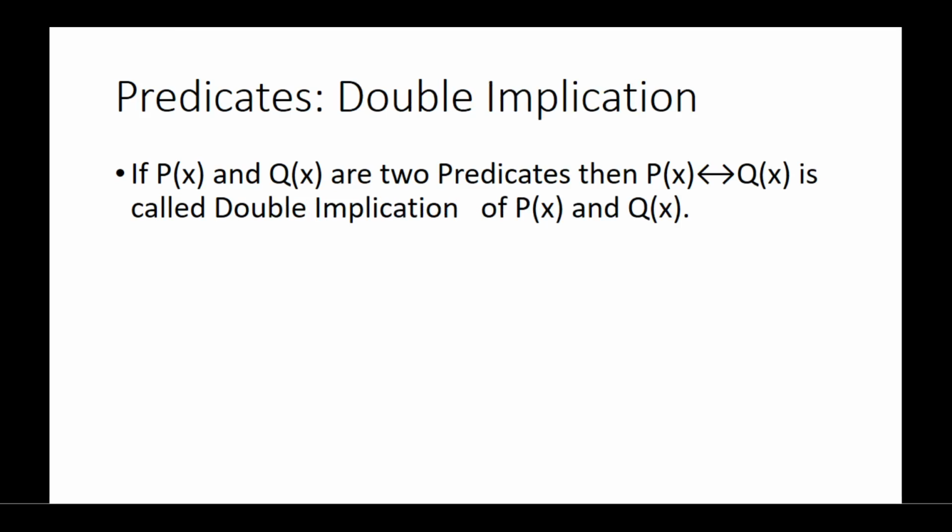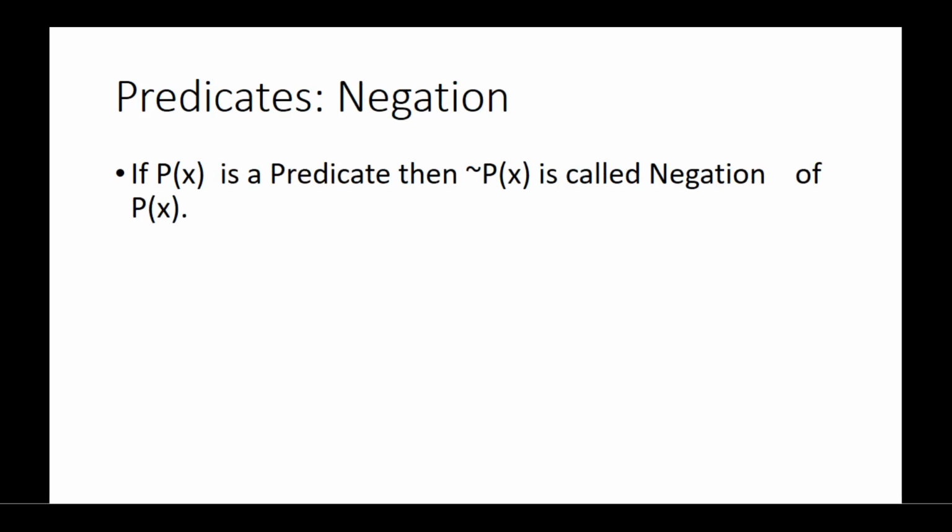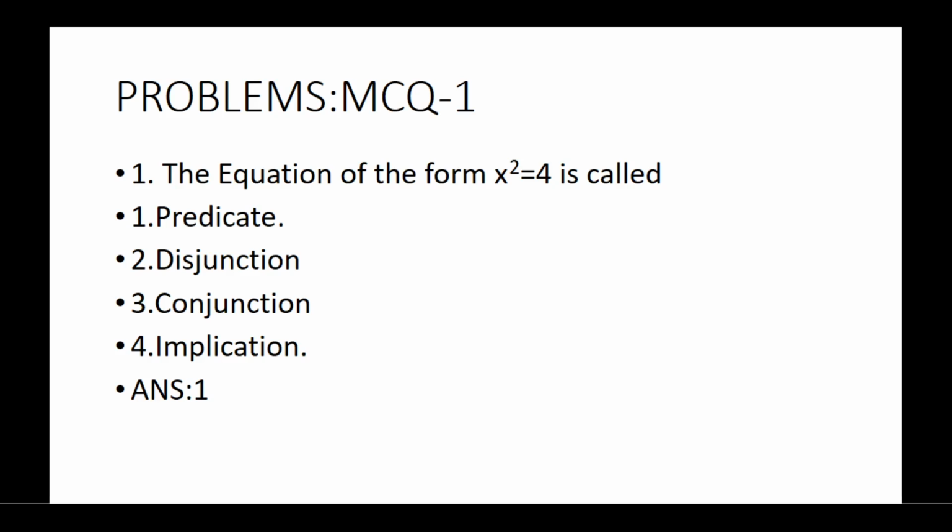And when p of x and q of x are combined by using if and only if, then they are called double implication. So these are some important ideas about predicates and negation. If p of x is a predicate, then the negation of p of x is called negation of p of x.